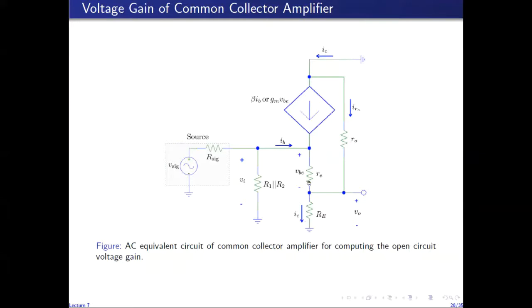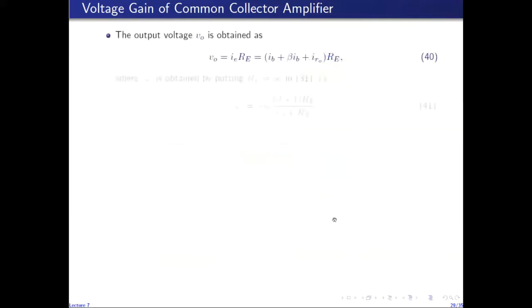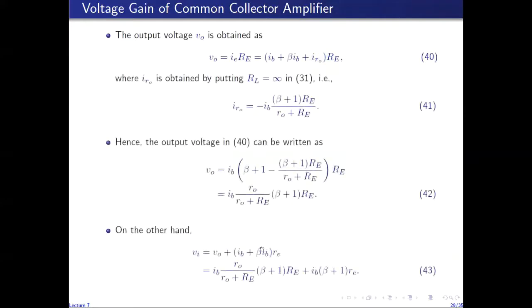VBE is again IB plus beta IB times small RE, so VBE is given by this term, and V naught has been computed in this equation. I plug this expression into this equation, and again I see that IB is common, so I can take IB out common, and I'll be left with this factor plus this factor.